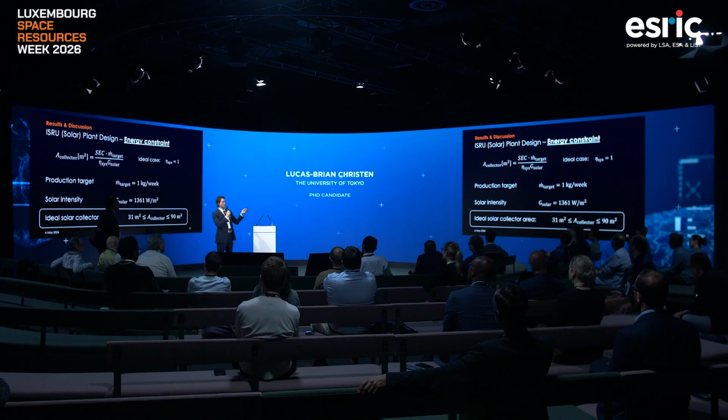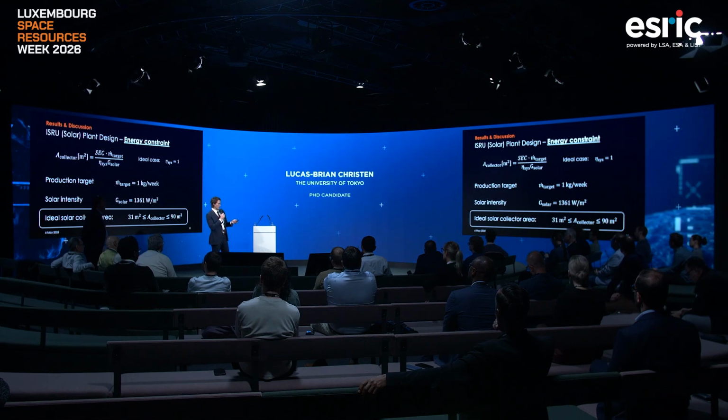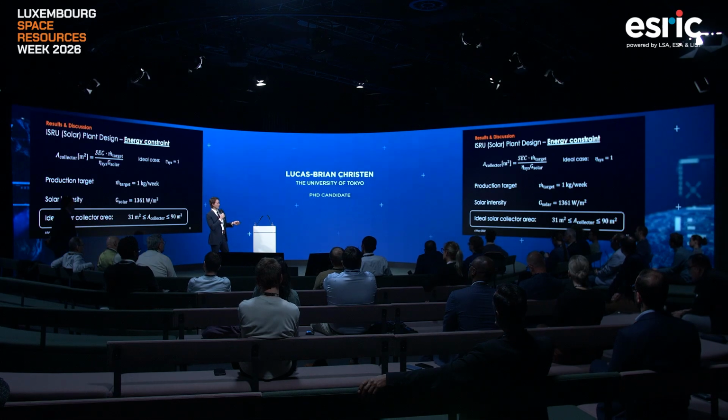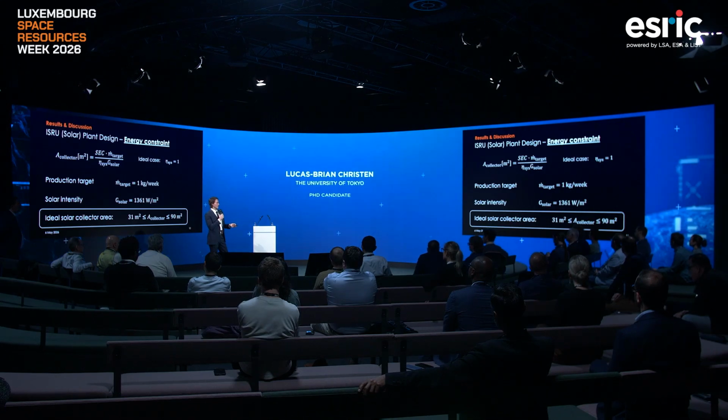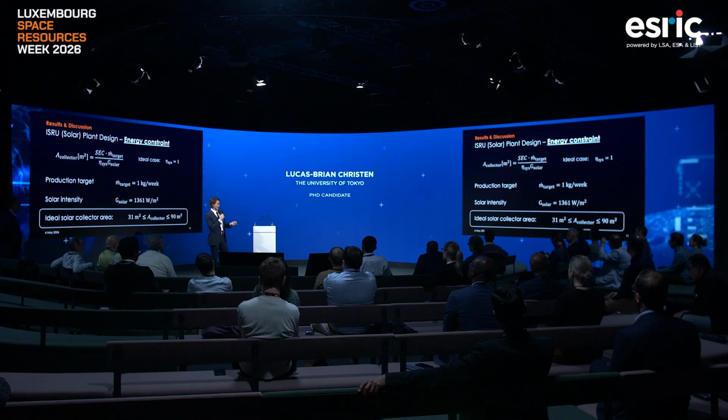If we define a production target of 1 kilogram per week, for example, we find that we need to collect solar light in an area of 30 to 90 square meters. That would be one of the metrics for a solar plant.